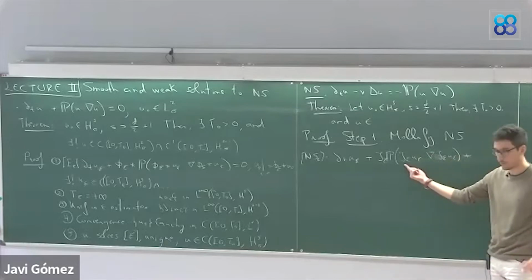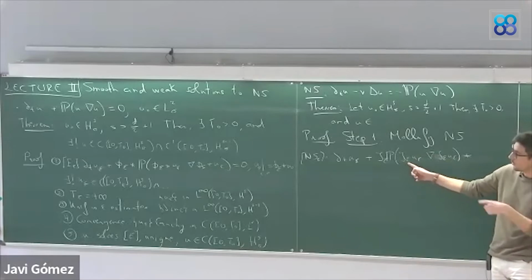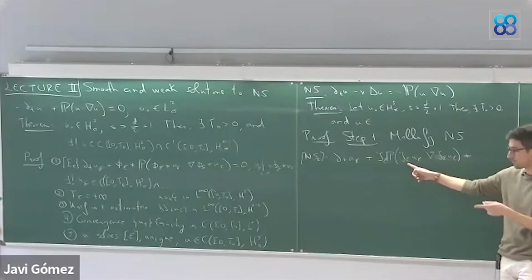Here I'm using the same notation as the other day. J epsilon is the operation of convolution with the modifier eta epsilon.